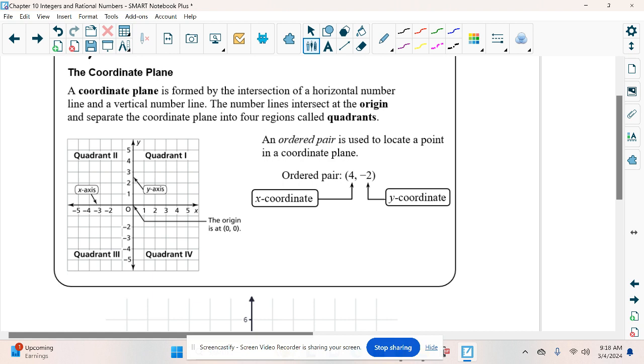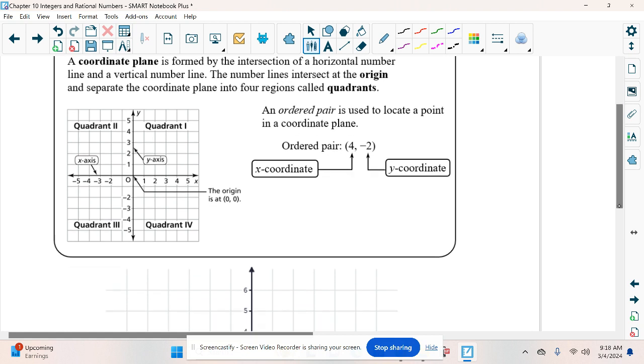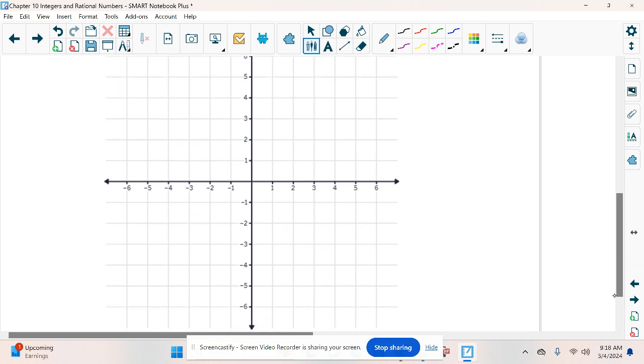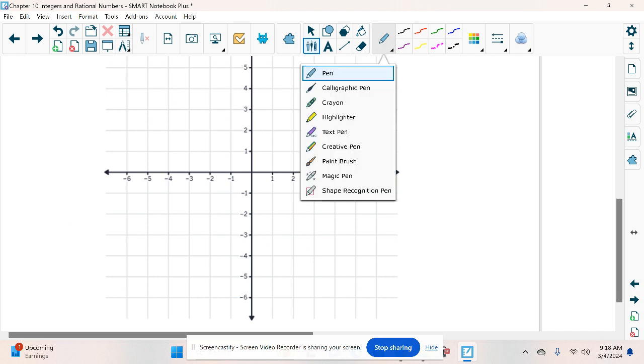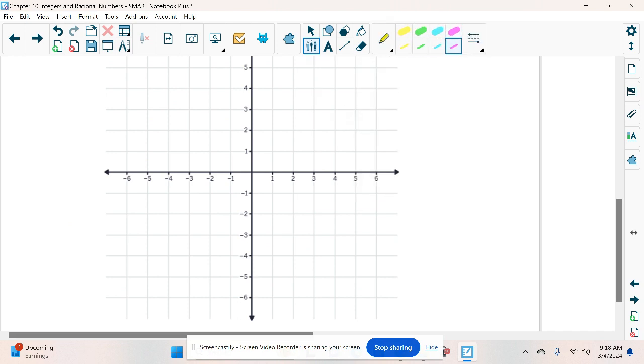Okay, because they're going to play an important part of the coordinate plane. So you should have gotten a pink and green highlighter. The green is going to represent positive numbers, and the pink is going to represent negative numbers.